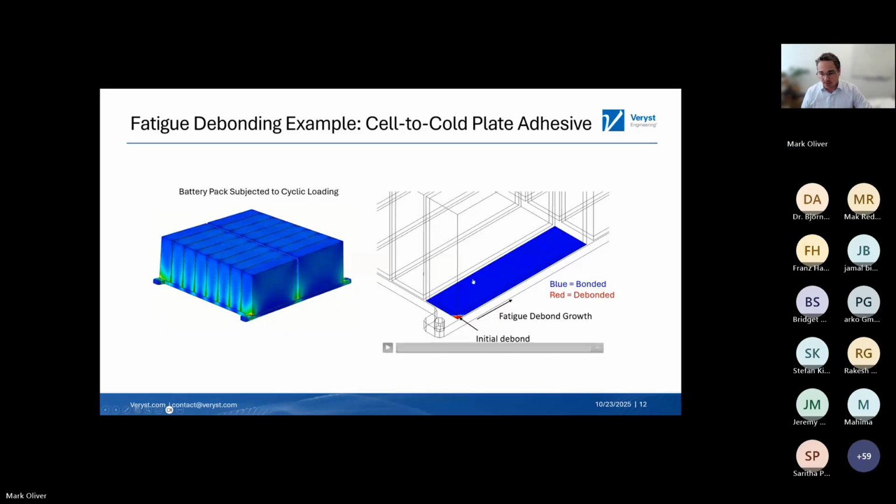In this particular analysis, what we're interested in is predicting how a delamination might propagate under fatigue loading in the structure. So we started with an initial debond at the corner, and then you can simulate over time or number of cycles and make predictions about how a delamination would propagate, and how many cycles or how much time it takes for a debond within an adhesive to reach a critical size.